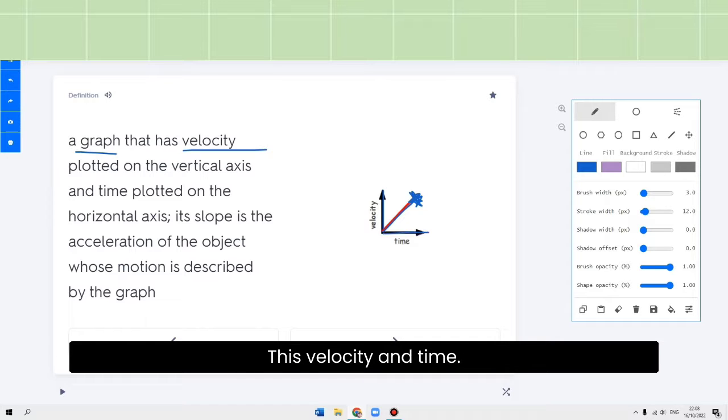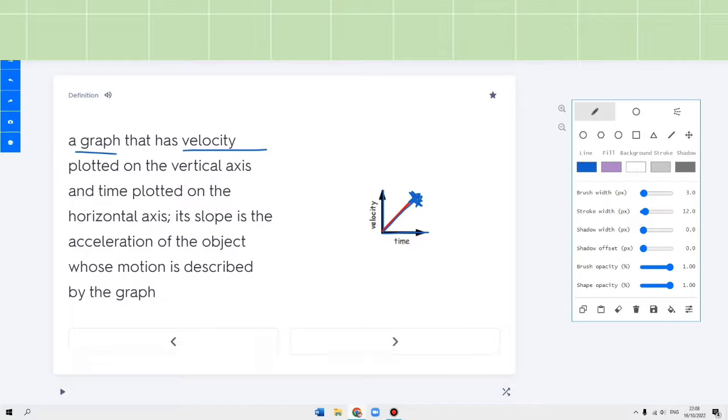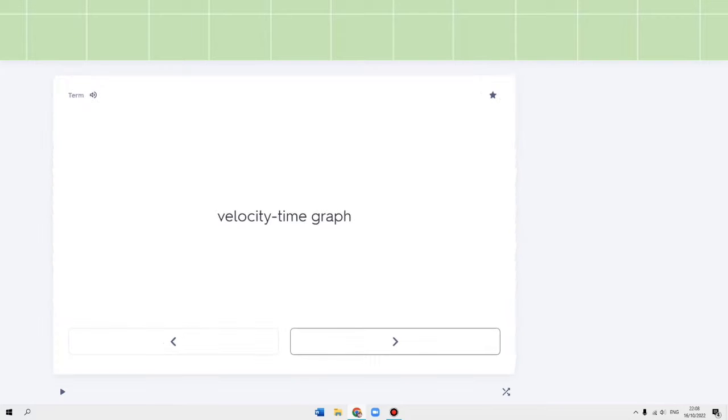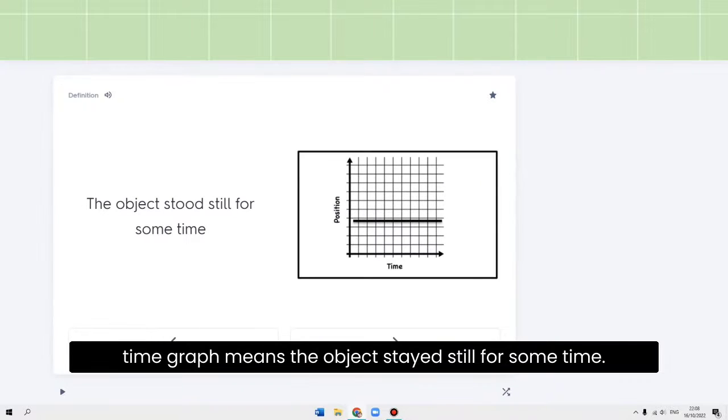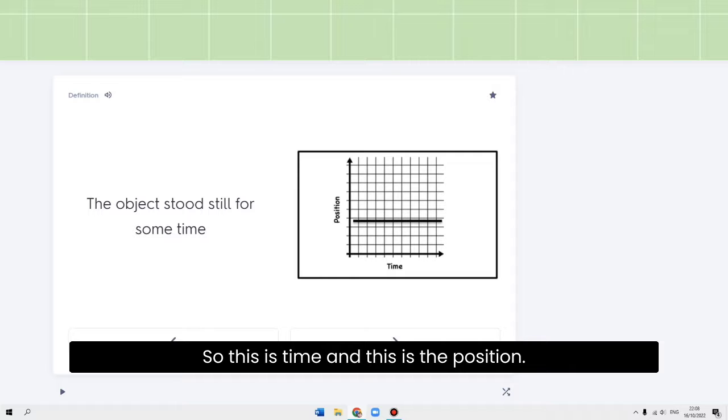A horizontal line on the position-time graph means the object stood still for some time. This is the time and this is the position, so it stands still.